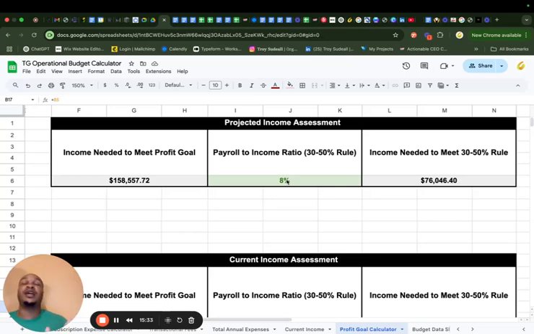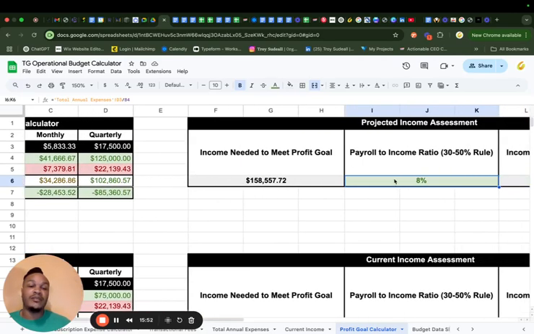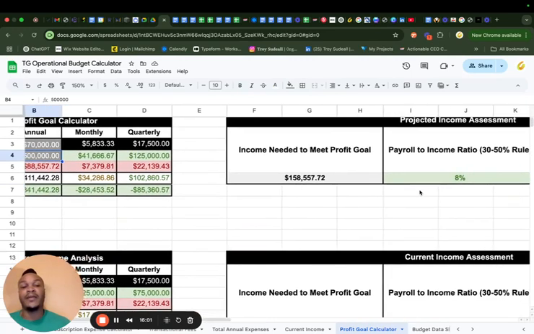So the biggest expense that every company has is their payroll, believe it or not. This right here is a rule that I recommend to all business owners, that you keep your payroll costs per month at 30 to 50% of whatever is coming in, right? So right now this says 8%, because it's going off of us bringing in 500,000 a year, or $41,666 a month, right?